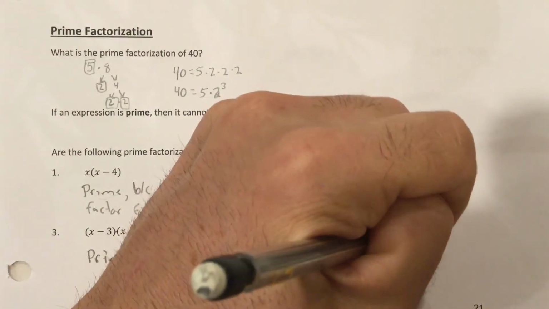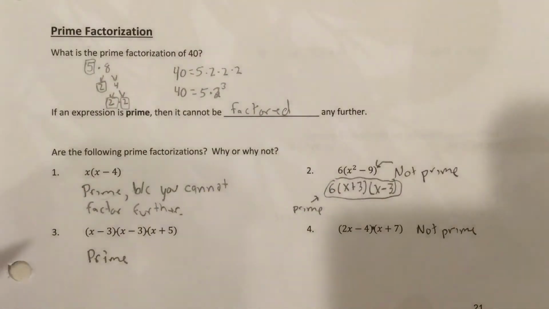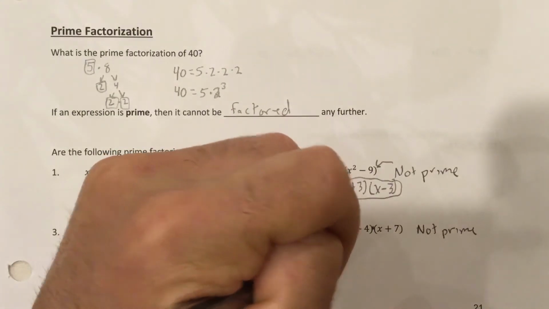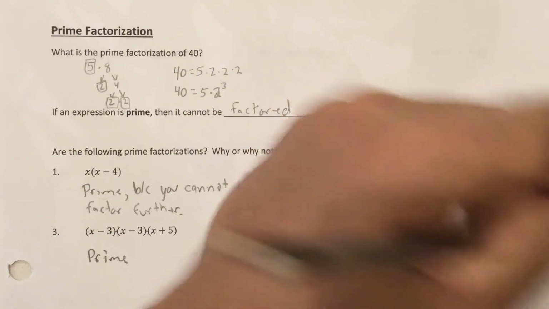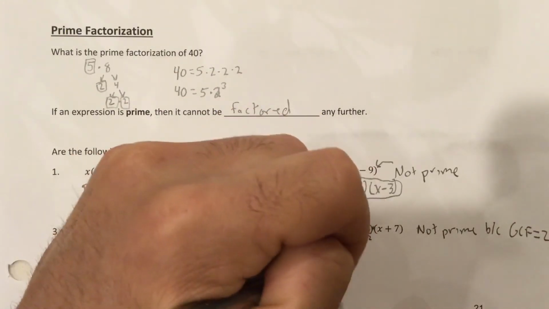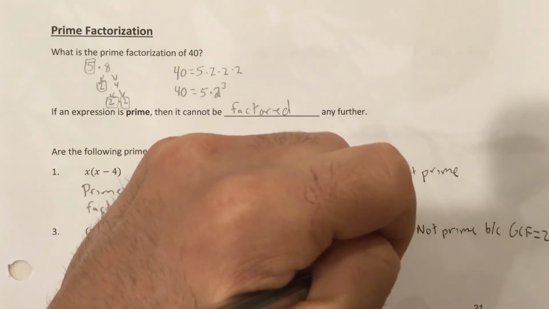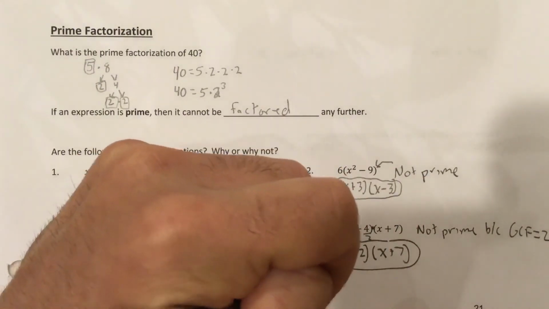So therefore, this is not prime. And the reason being is I have a GCF of 2. So I would just pull out a GCF of 2 for that first set of parentheses, x minus 2. And then I'd leave the x plus 7 as x plus 7. And now this is prime.